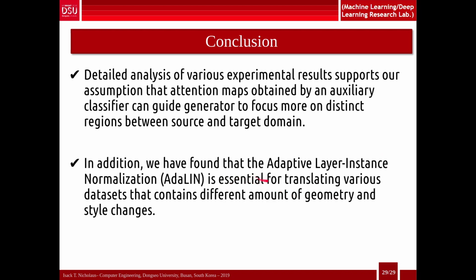They found that AdaLIN is essential for translating various datasets that contain different amounts of geometric and style changes. It performs well at preserving, and generalizes well on the generation of texture as well as the structure of the output. So by using these two approaches, they show how much each of these guarantees the output.